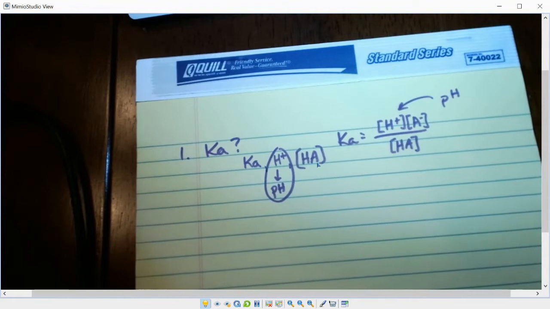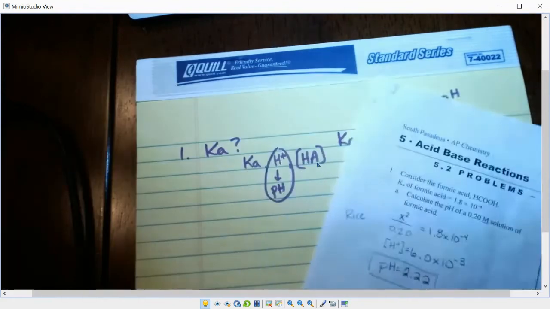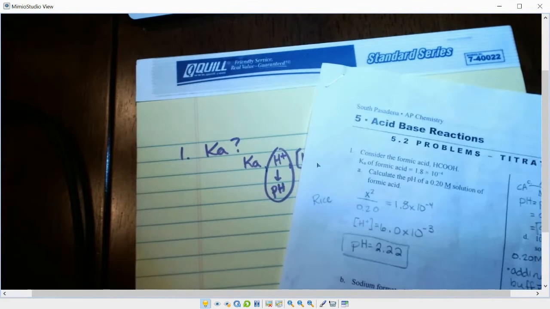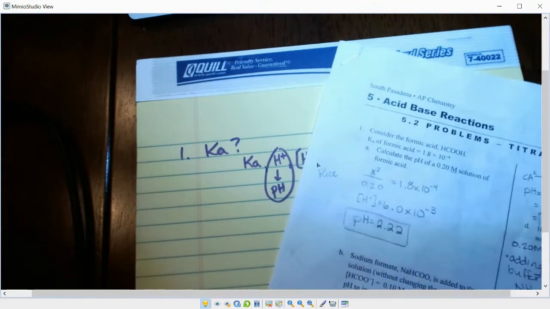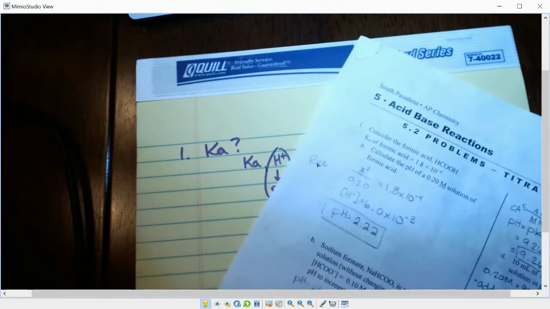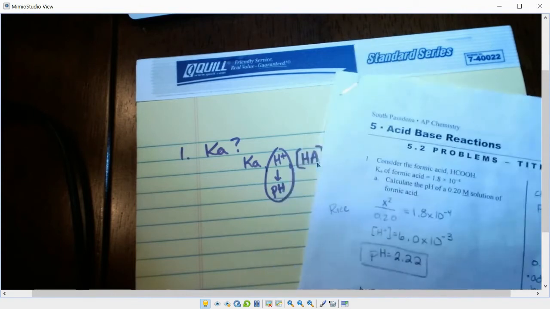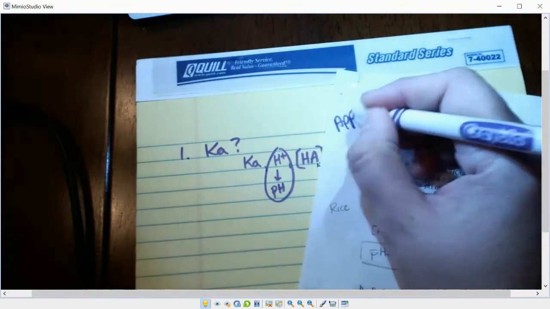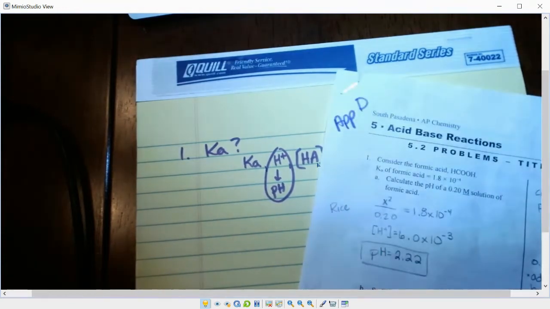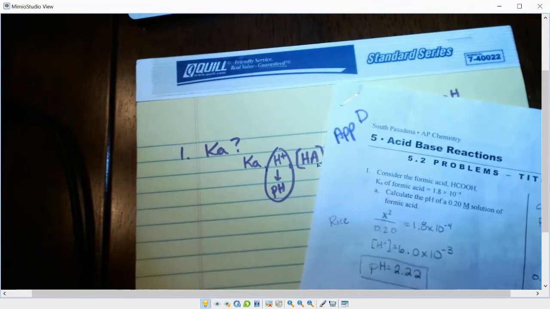And I know some of these questions on this page may or may not have included the Ka, but that's because this was something that you could have looked at a reference chart to find. So in the appendix in your textbook, I think it's appendix D towards the back, has a list of all the K values, both Ka and Kb.